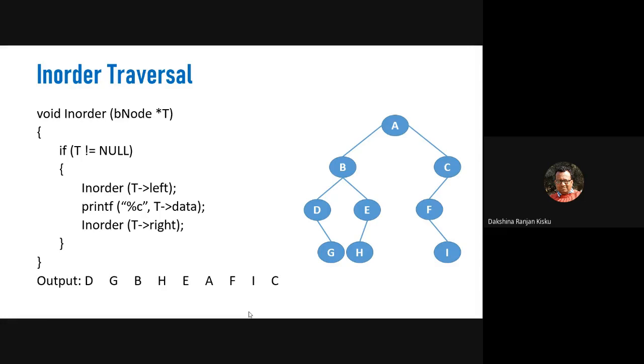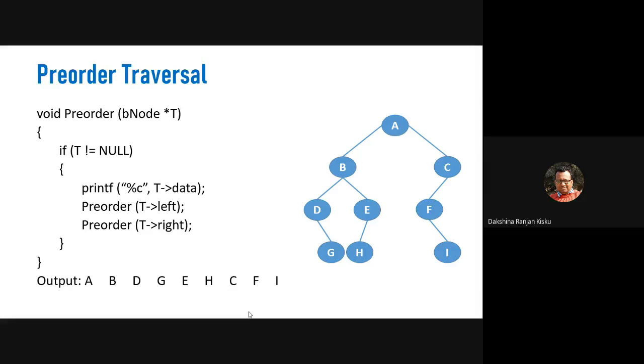So F will be visited next, then I will be visited, and finally C will be visited. This sequence, obtained by visiting the nodes in this binary tree, is called the in-order traversal sequence.